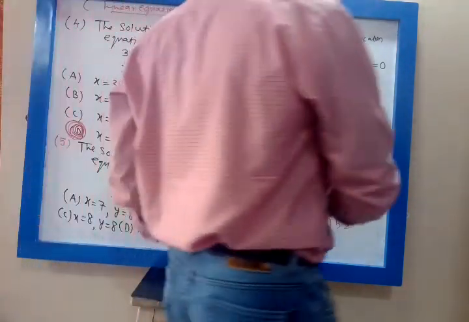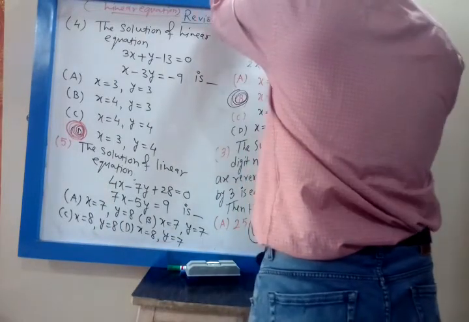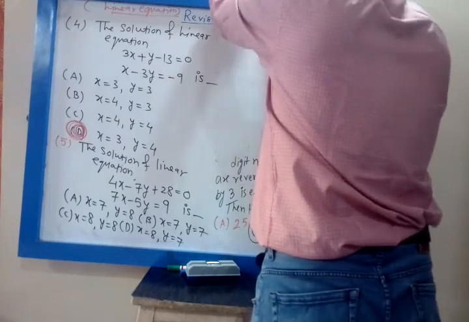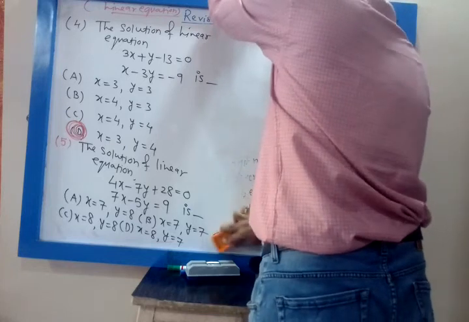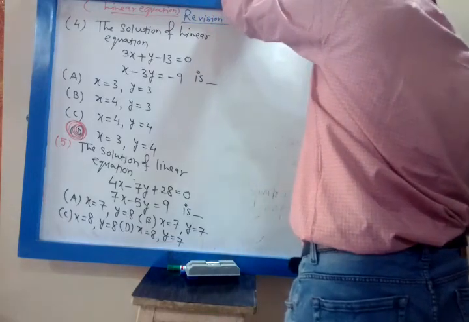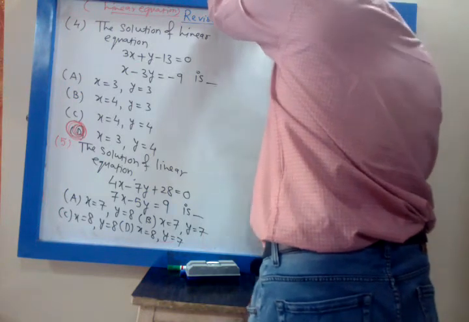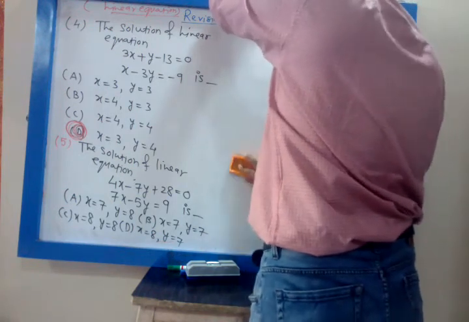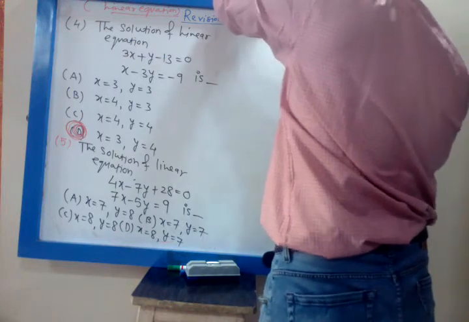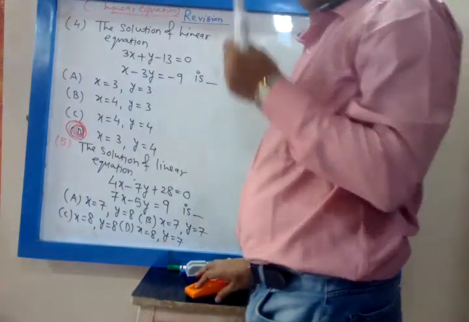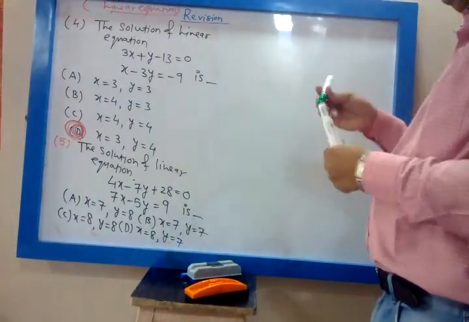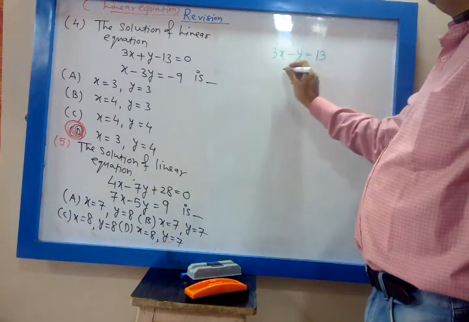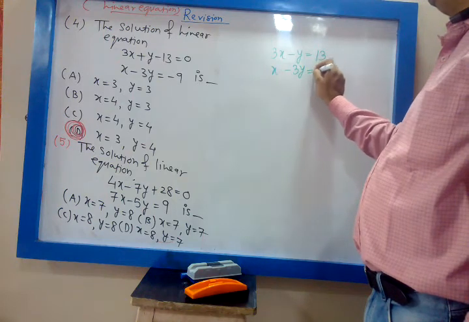Let us discuss, for those students who are not able to get the answer. 3x plus y minus 13, so 3x plus y is 13, and x minus 3y is equal to minus 9.